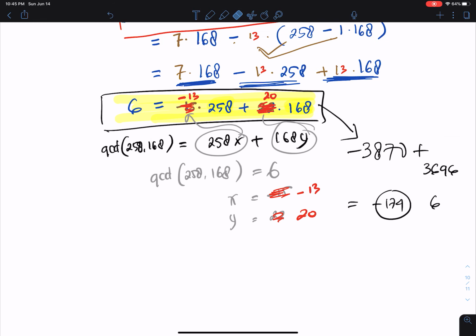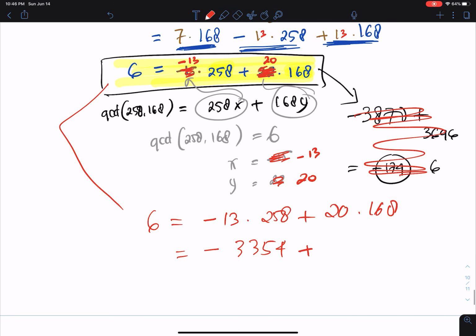So minus 13 with 258, we got minus 3054, plus 20 with 168 times 168, we got 3360. So minus with 3354, there we go, we get 6. Now it's complete like that.